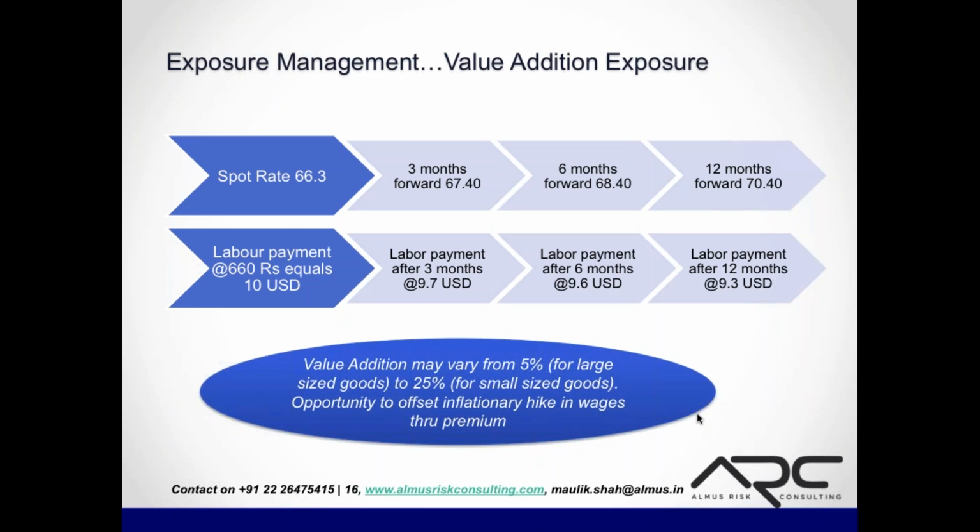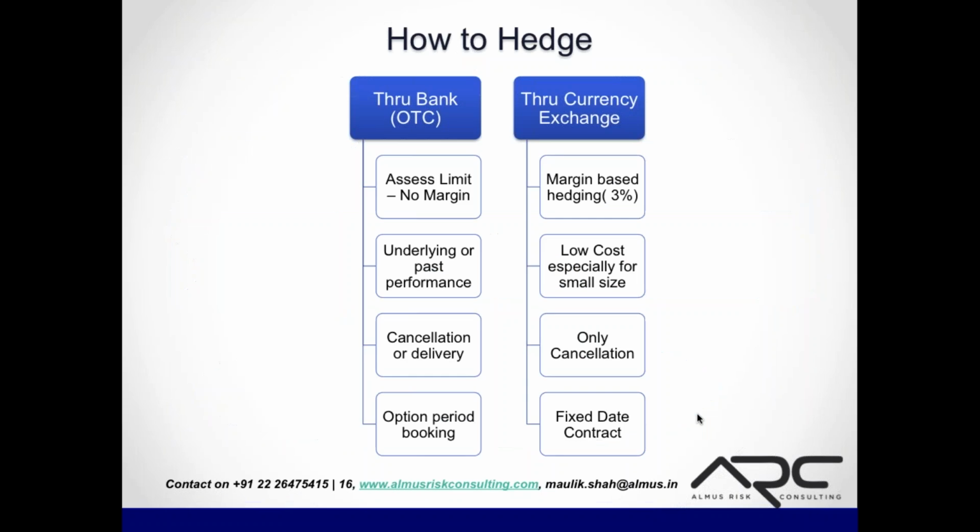So though it's a small percentage of the overall value, the fluctuation can impact even that small percentage. Now having identified the exposure and the approach to manage it, the question really is how do you hedge? What are the various tools available for me to manage my currency risk exposure?